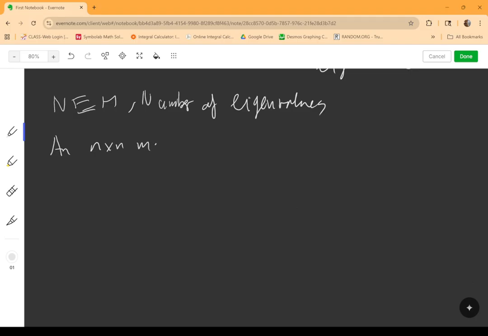So here, theorem NEM, the number of eigenvalues: an n by n matrix has at most n distinct eigenvalues.